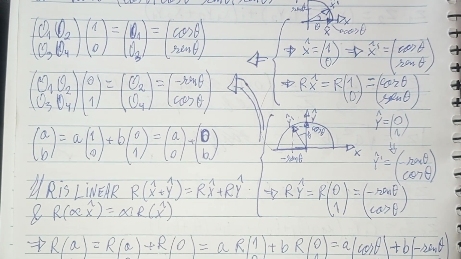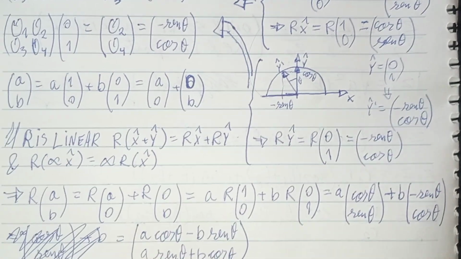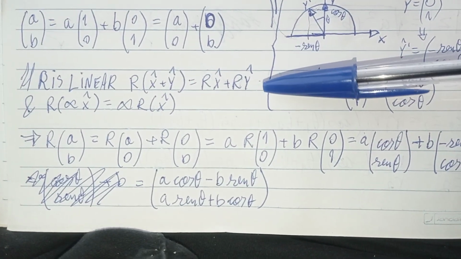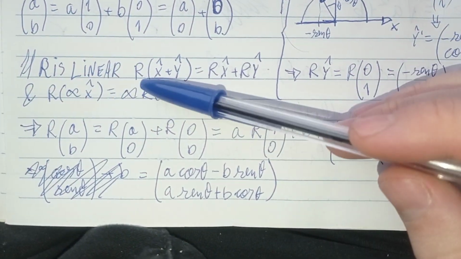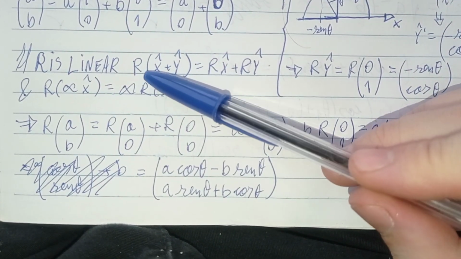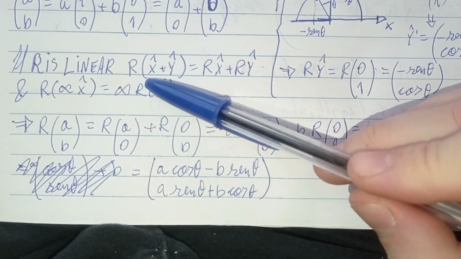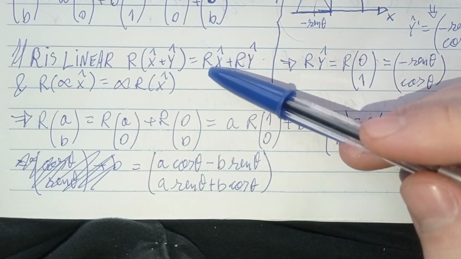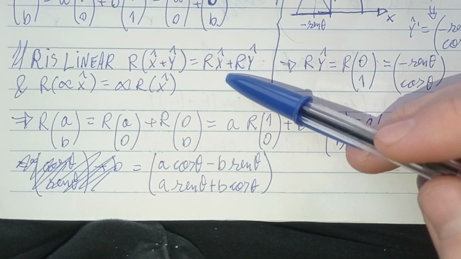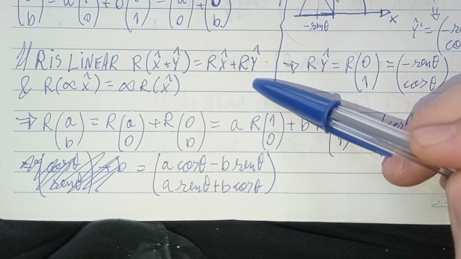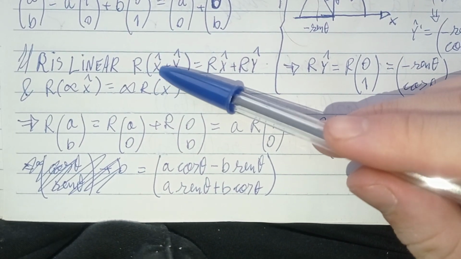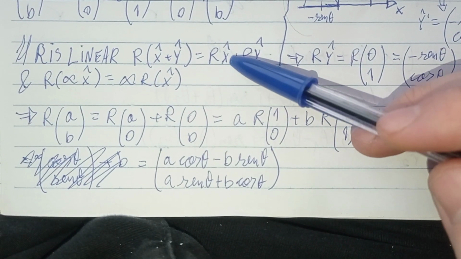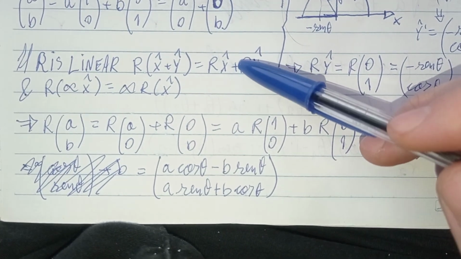And we're going to talk about other things that the rotation matrix actually has, which is that the rotation matrix is a linear transformation, as in it transforms a sum of vectors into the transformation of each component of the sum, so that it transforms the sum collectively in the same way that it transforms each element individually.